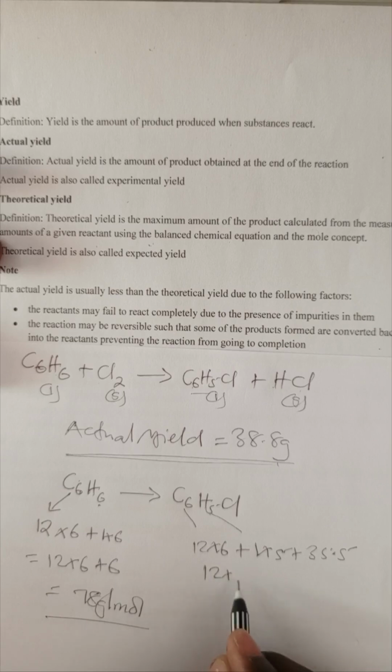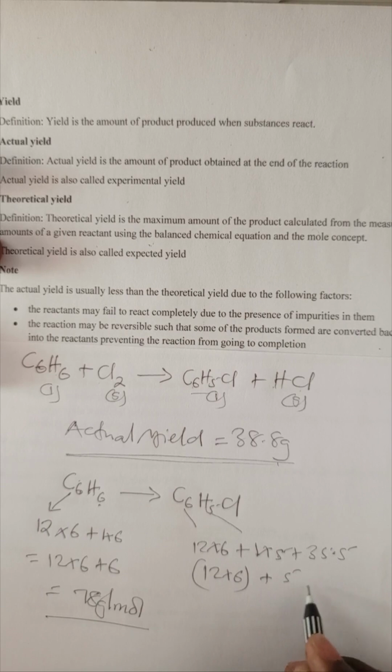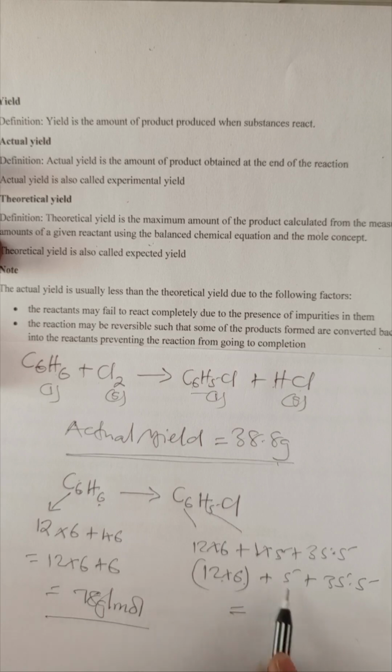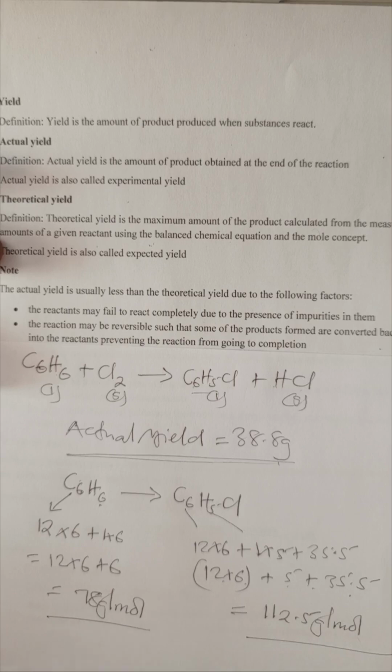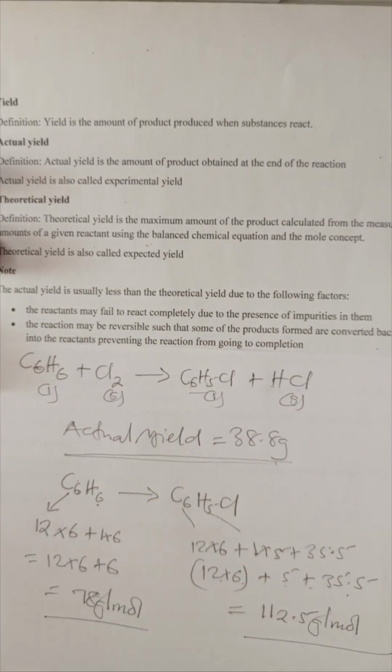So I have 12 multiplied by 6 plus 1 times 5 is 5 plus 35.5. Altogether, you are going to get 112.5 grams per mole. So you found the formula mass of both benzene and chlorobenzene.